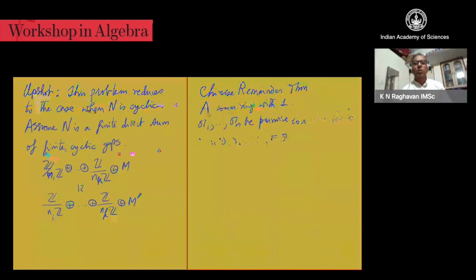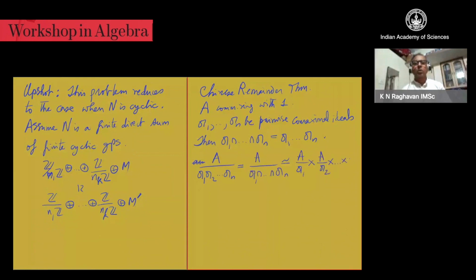Okay, and that's one statement. But the second, perhaps even more important statement, is that that's only the build up towards this. So if I take the product now, which is the same as the intersection, this is isomorphic to A mod A1 cross A mod A2 cross A mod AN.